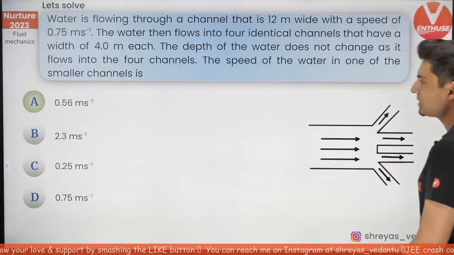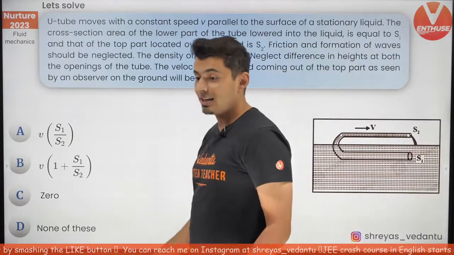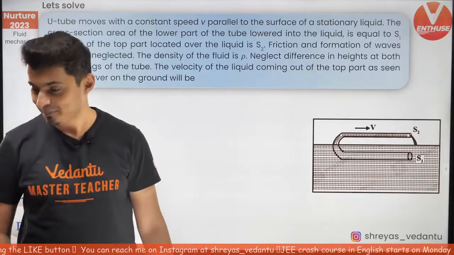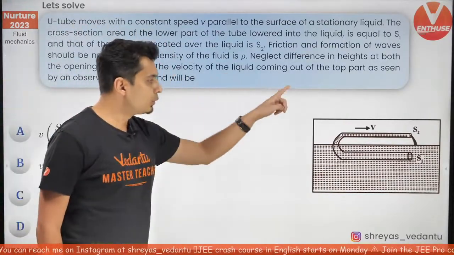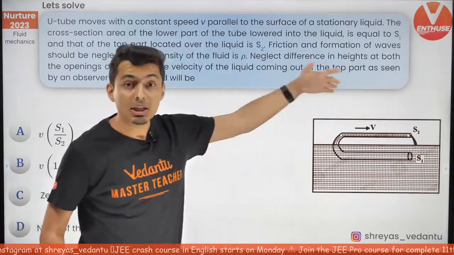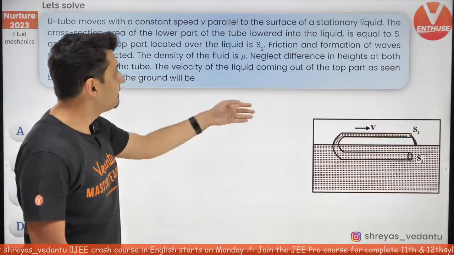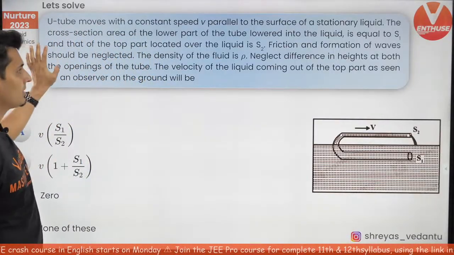Moving on to the next question coming up on your screen. Now this one is slightly tricky. It looks complicated, but trust me, it is fun. There is a U tube and the tube is moving in water with speed v, but the liquid is at rest.